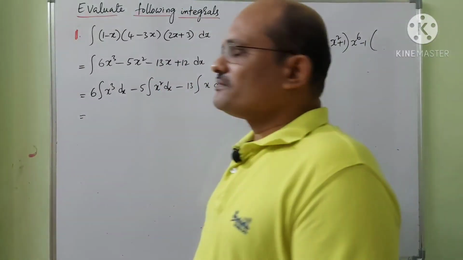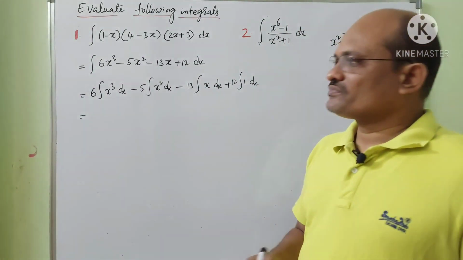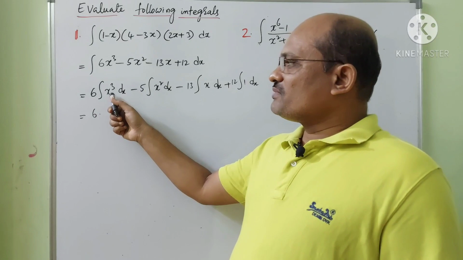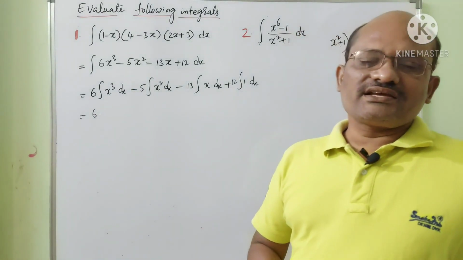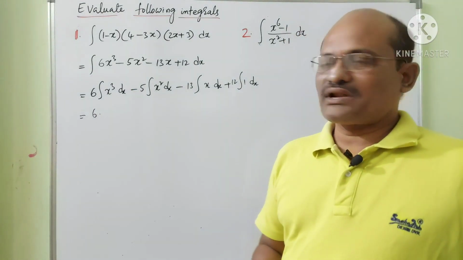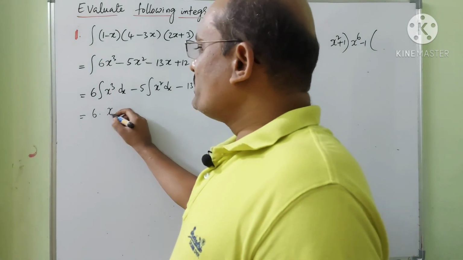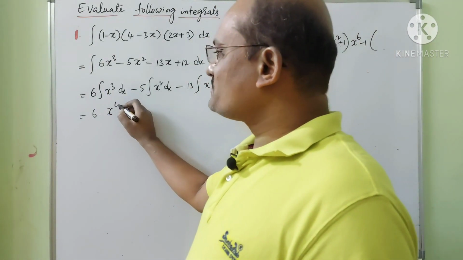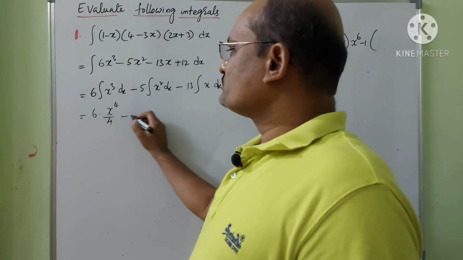Now write the formula. 6 into, we have the formula: x power n integrates to x power n plus 1 by n plus 1. According to the formula, it becomes x power 3 plus 1 by 3 plus 1. 3 plus 1 is 4, so x power 4 by 4.